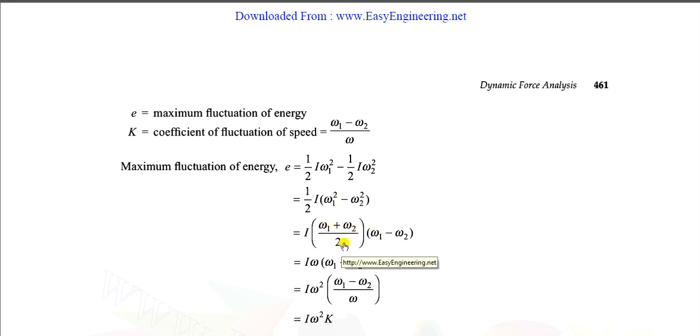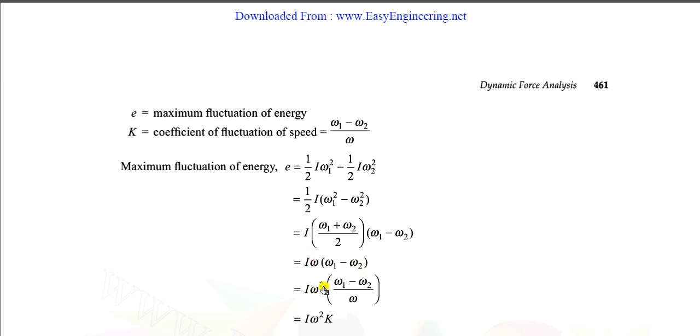Maximum plus minimum by 2 is the average, that is called the mean. So this bracket quantity is omega, which is the mean speed. This is I, and this is your maximum fluctuation of speed. If I multiply by omega in numerator and denominator, I will get this. So we did omega 1 minus omega 2 by omega, and I multiplied this omega by 1.